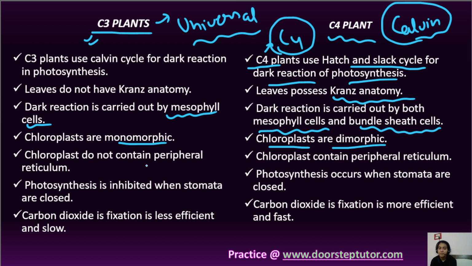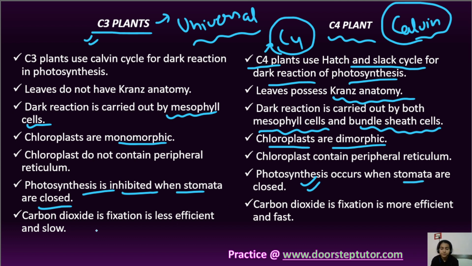In C3 plants, photosynthesis is inhibited when stomata are closed, while in C4 plants photosynthesis can occur even if the stomata are closed. So remember, in C3 plants photosynthesis is inhibited when stomata are closed, while in C4 plants photosynthesis can go on even when the stomata are closed.